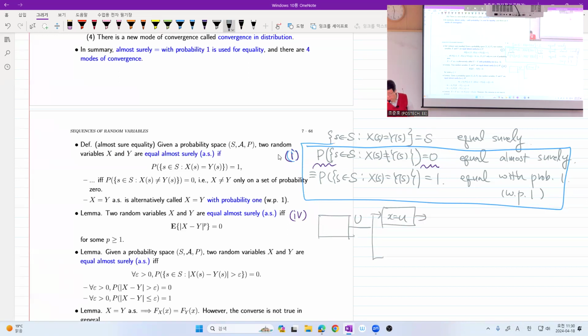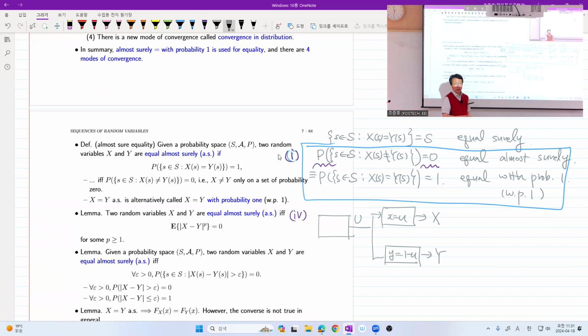So you have the output so-called x. And here you have y, that is 1 minus u, and the output is the random variable y. Now, question: is the random variable x equal to the random variable y? If it is equal, in what sense?